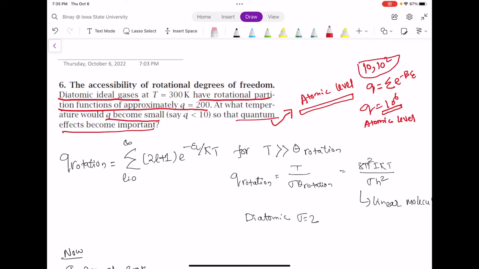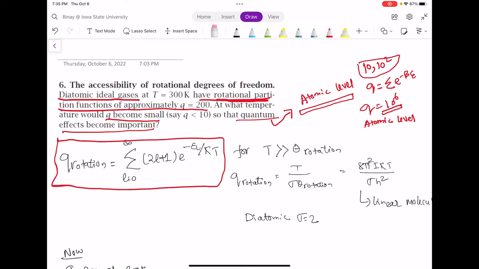Okay, so next let's go to our question. The question is about the rotational partition function, and we know that the q rotation, which I have written over here, is equal to this. We need to consider one thing: if T is greater than theta rotation, the rotational temperature, then we can convert the equation.